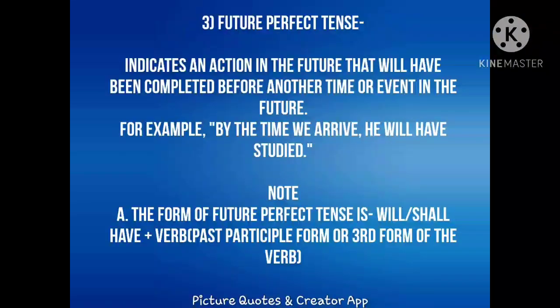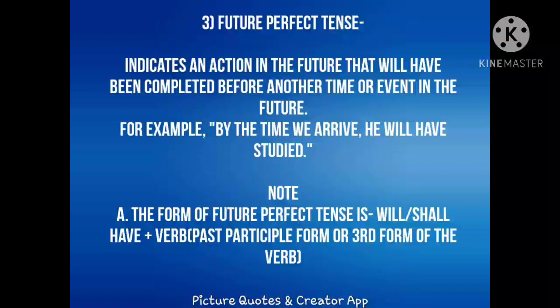The next one is future perfect tense. Future perfect tense indicates an action in the future that will have been completed before another action or event in the future. It is similar to the past perfect we have learnt. That is in the past. Now we are learning future perfect.